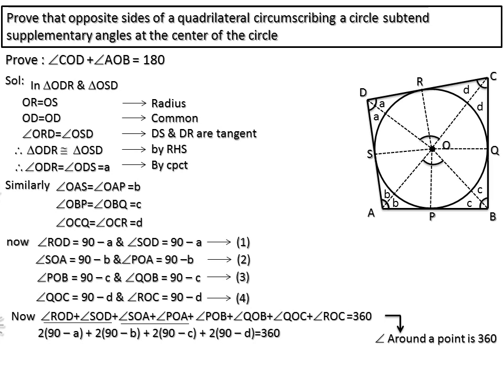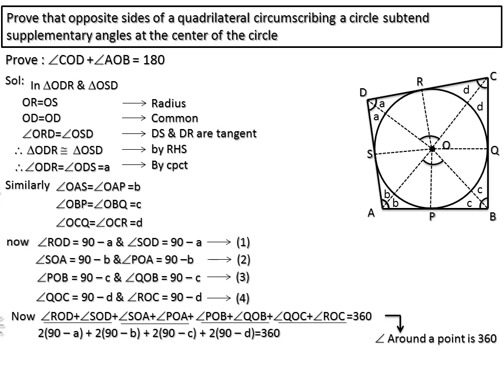So their sum is 2 into 90 minus B. Then angle POB and angle QOB both are same and their sum is 2 into 90 minus C. And angle QOC and angle ROC both are same. So we are writing their sum as 2 into 90 minus D, and this is equal to 360.